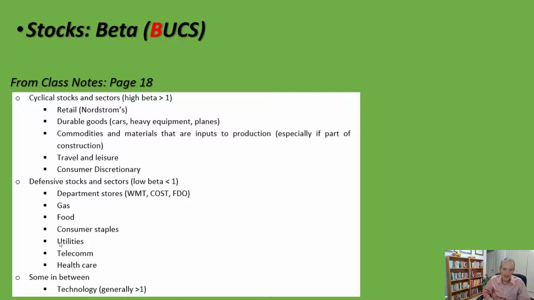Technology has gotten questionable. Technology used to be thought of as a high beta industry, but people are starting to talk about Facebook, Alphabet and Apple as being lower beta, that people would give up utilities before they gave up their smartphone, or at least they would cut back on utilities more before they would cut back on smartphones.